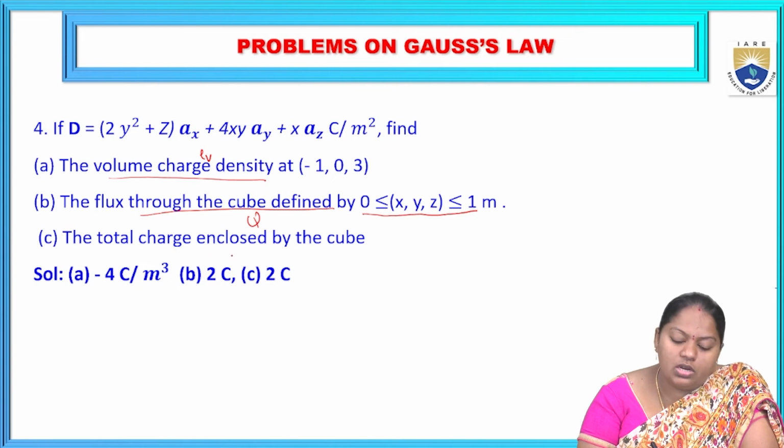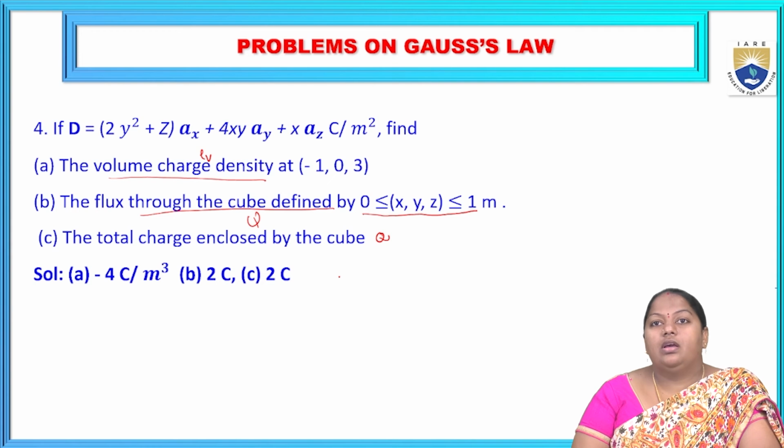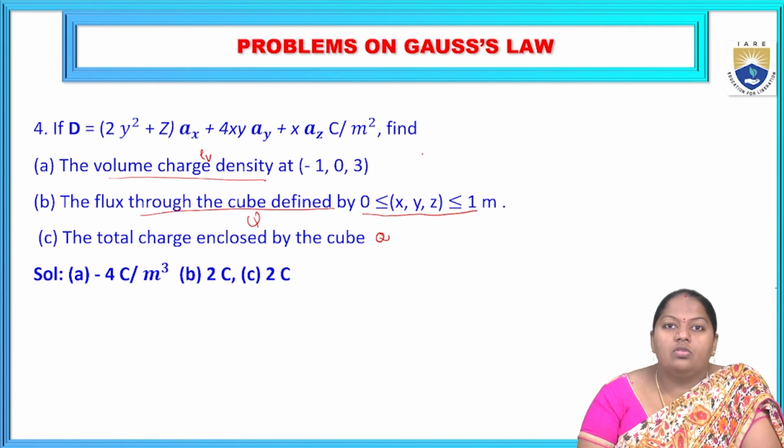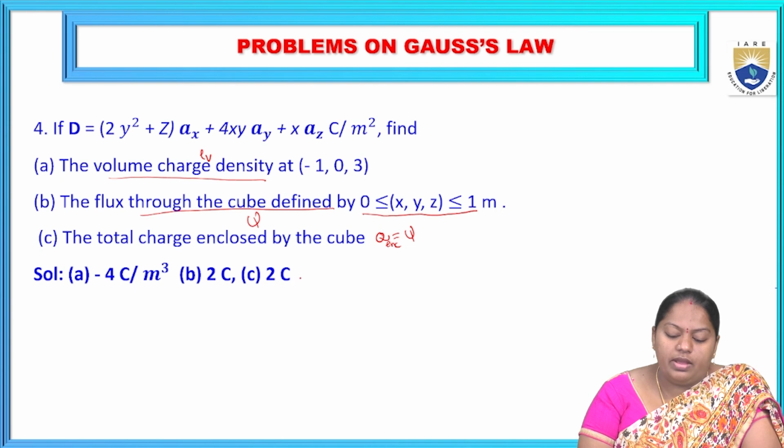Then the total charge enclosed by the cube means from this you are going to evaluate Q, right? So most probably here we are using Gauss law, means according to Gauss law Q enclosed is equal to psi. Means in both the cases, in part B and part C, you are supposed to get the same value, that is 2 coulombs and 2 coulombs. So the values are the same.